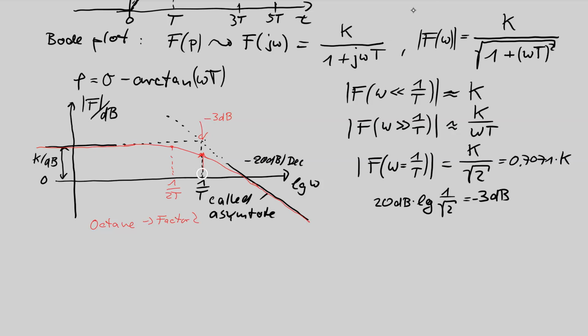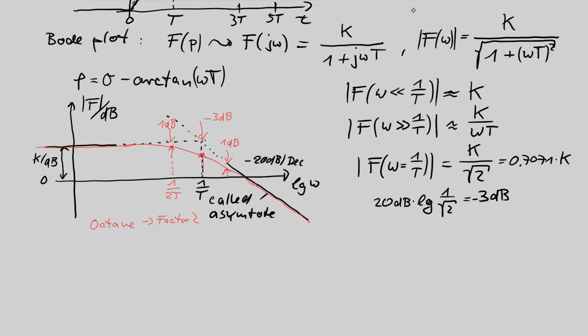So if I go 1 octave deeper, this point differs from the asymptotical curve by very near to 1 dB. Same as if you go 1 octave higher, it's the same distance. You can believe me, this is also a distance between the asymptotical curve and the correct curve which is very near to 1 dB.